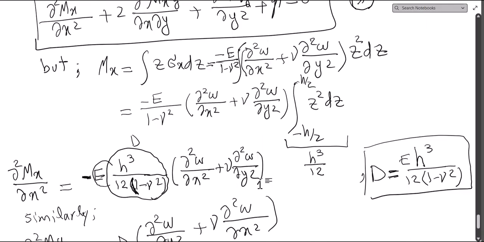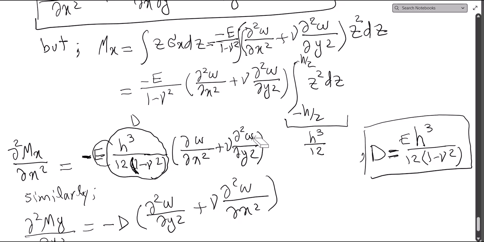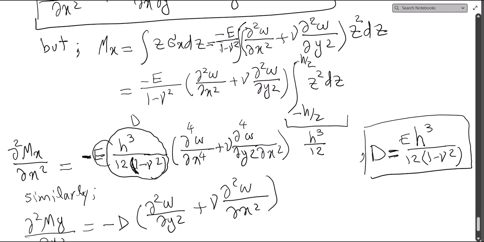This is Mx, and when I take the double derivative, this thing should actually be d4. So this becomes d4w dx4. Yes, because I have to differentiate this twice with respect to x, and then I get this.